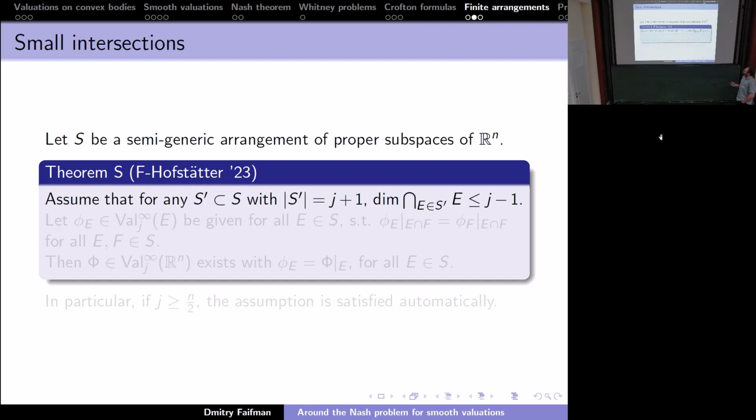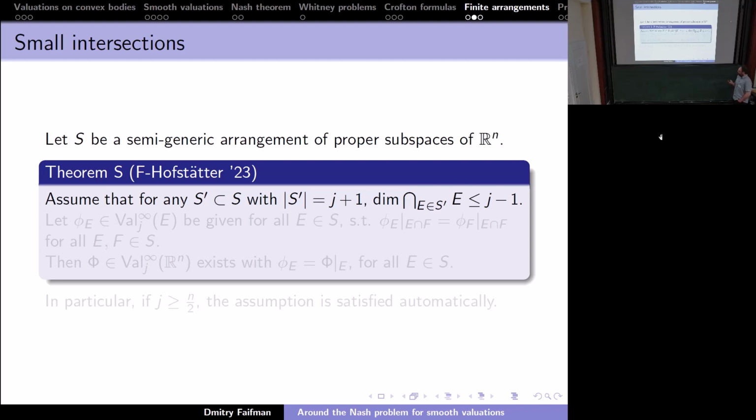And we have the condition that whenever we have j plus 1 subspaces there, their intersection is at most j minus 1 dimensional. All right. Because this is an inequality, it's an upper bound on the dimension of the intersection. We think about it as a condition of small intersections.